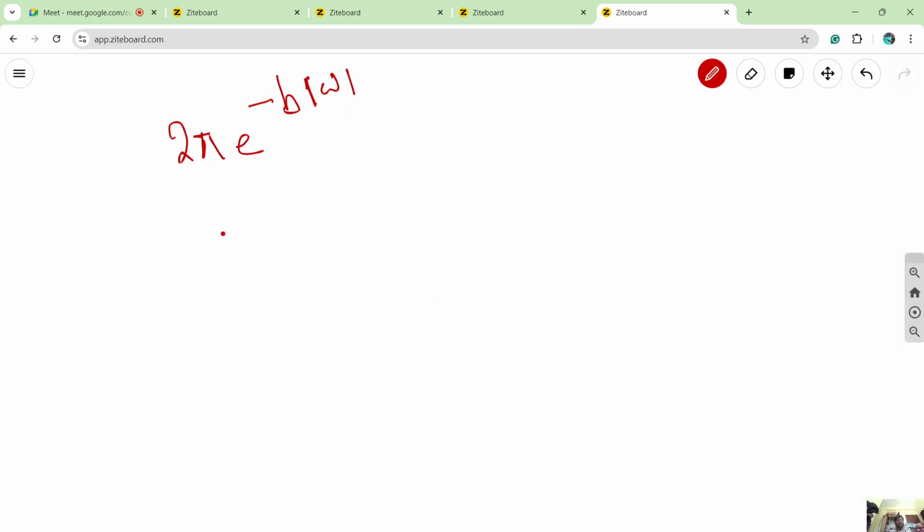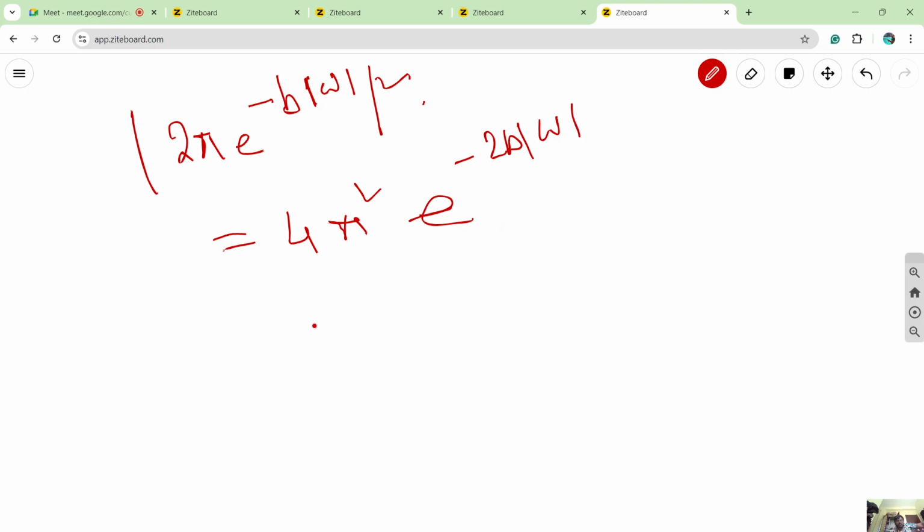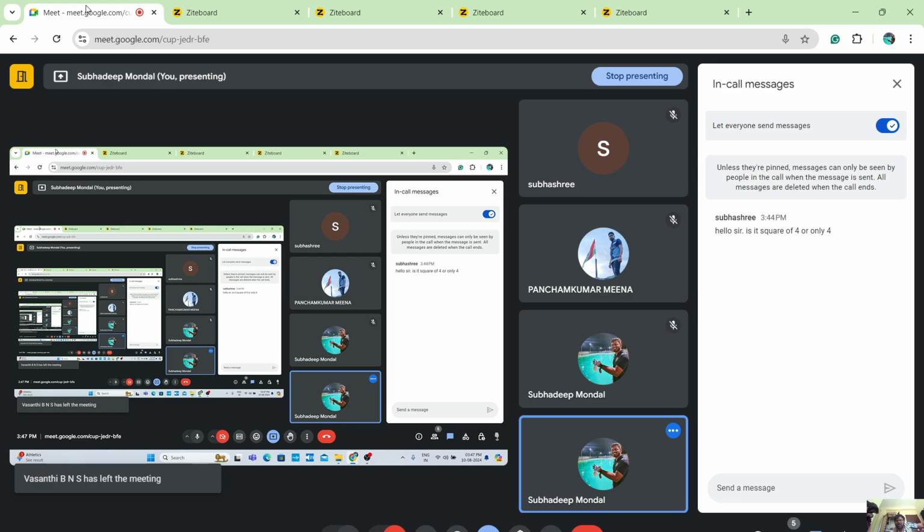Right, so we have to take the mod square of this. So that is 4 pi square e to the power minus 2b mod of omega. Right. So what is your question actually? Yes, sir, I got it.